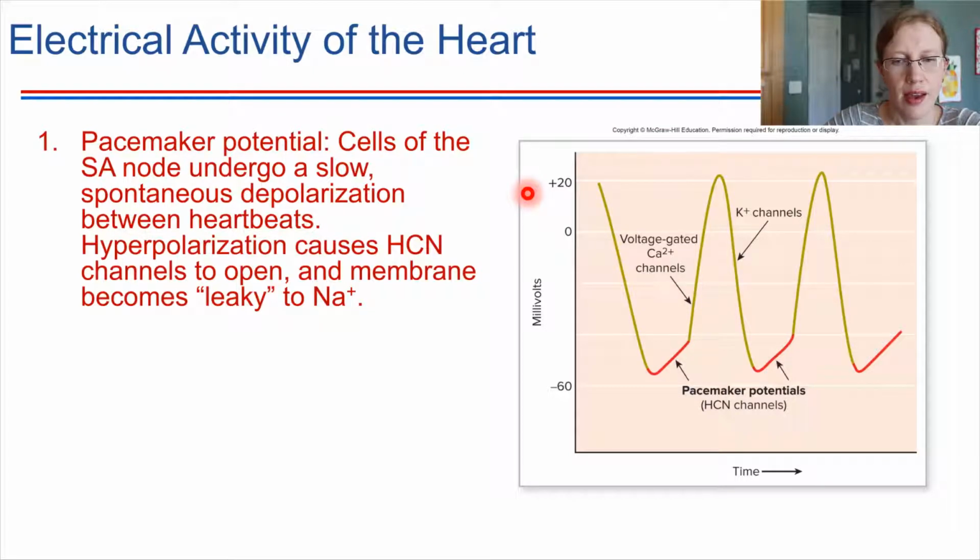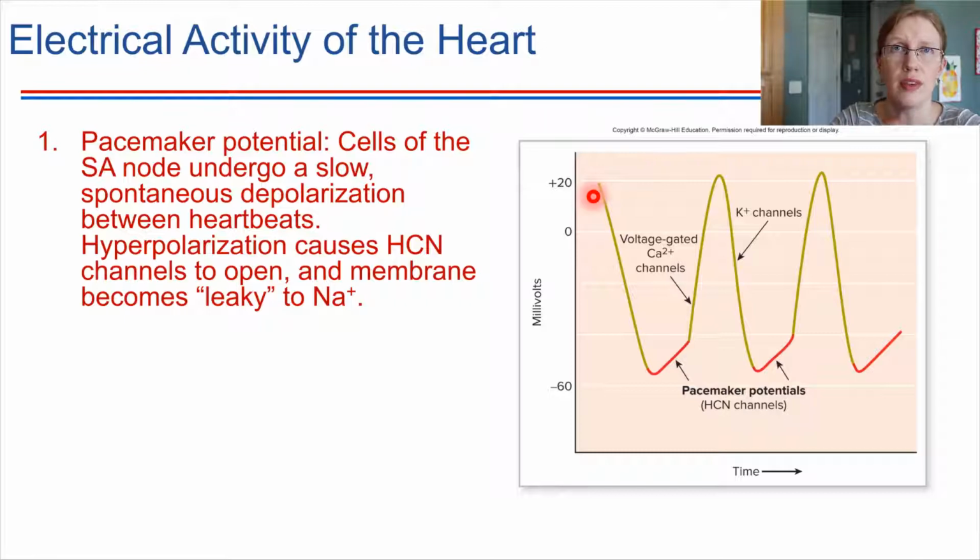The thing that is really unique about the cells in the SA node is that they respond to hyperpolarization. So if we walk through this action potential, think back to a normal action potential that we learned about with neurons. At the end of an action potential, the membrane has to get repolarized, right?